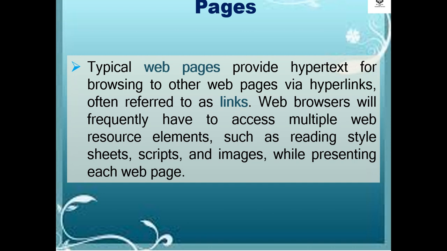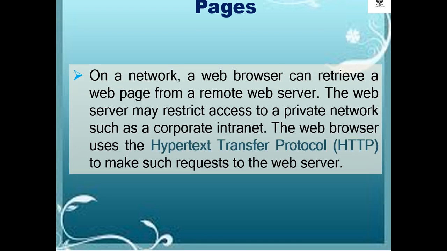Typical web pages provide hypertext for browsing to other web pages via hyperlinks, often referred to as links. Web browsers will frequently have to access multiple web resource elements such as reading style sheets, scripts, and images while presenting each web page.